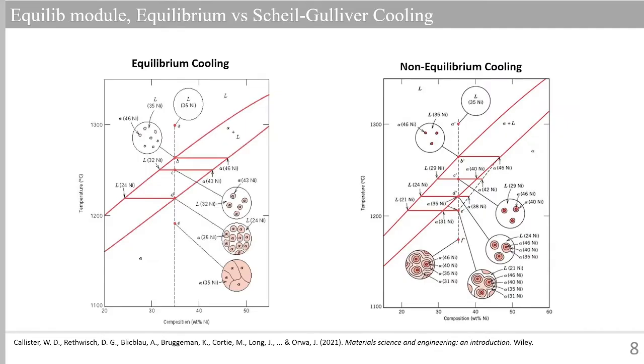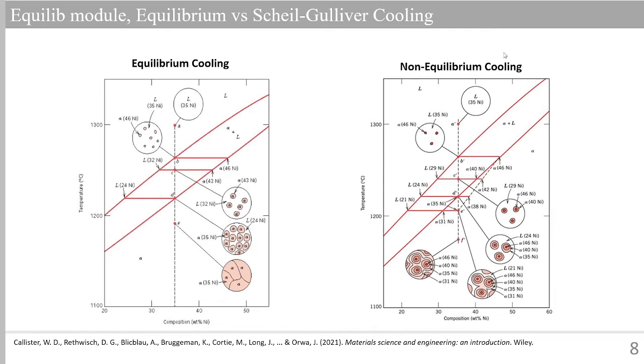The difference between the two types of cooling is mainly in the cooling rate that's used and the phases that will be forming. So for example, in the equilibrium cooling with a slower cooling rate, at every point during cooling there is an equilibrium, and as such the elements are free to move between the different phases until final disappearance of the liquid.